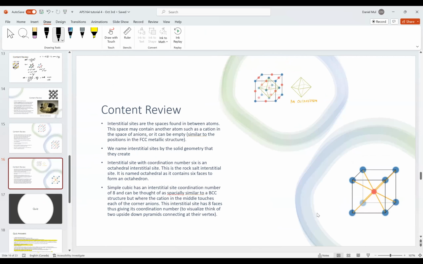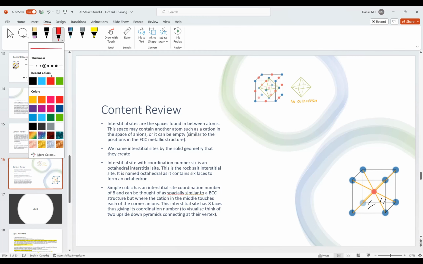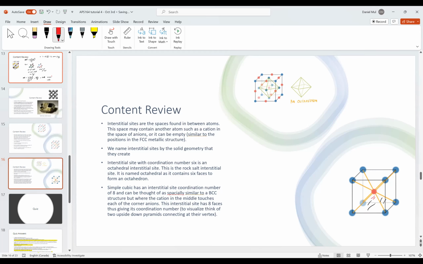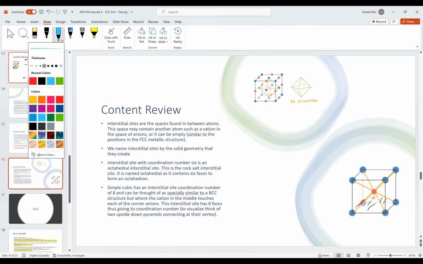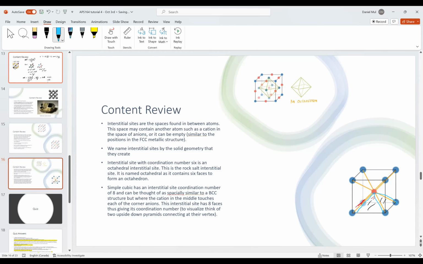So you have the face. This is how I visualize it. You have this face here, this face here. Then you have the back face there. Then you have a side face here. And they all connect. So this all connects here. So there's your one pyramid in blue. Then you get a reflected pyramid on the other side.